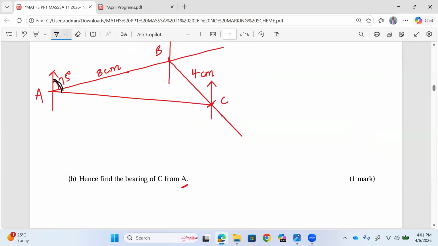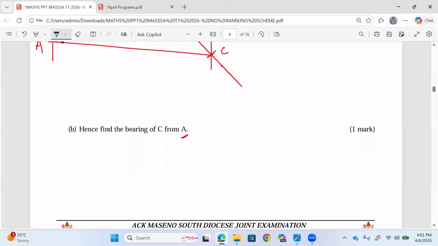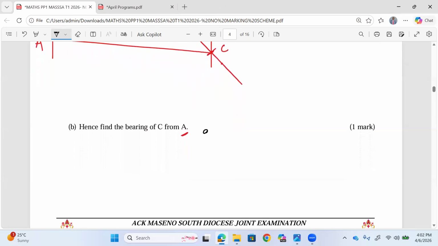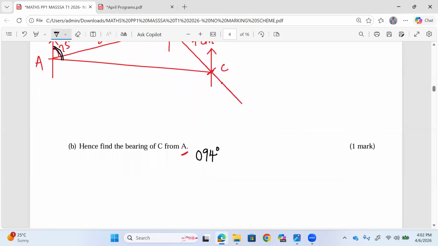We measure that angle from the north in the clockwise direction. This is giving us exactly 94 degrees. But remember, you are supposed to write it as 3 digits, 094, so that you may show it is a true bearing.